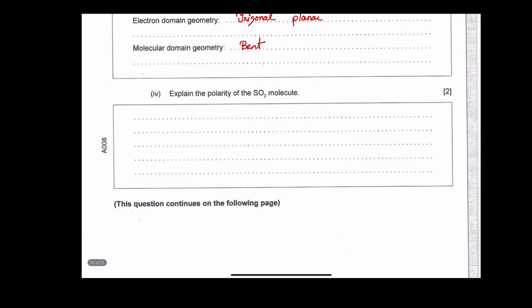Now, to explain the polarity of SO2, first thing is SO2 is a bent molecule, due to the presence of a lone pair on the sulfur atom. Now what happens is the two S-O bonds are polar. But because of the bent shape and because of the presence of the lone pair on sulfur, the polarities do not cancel out.